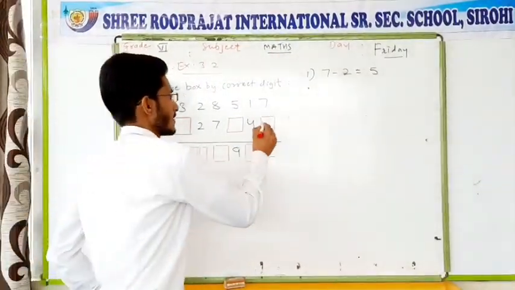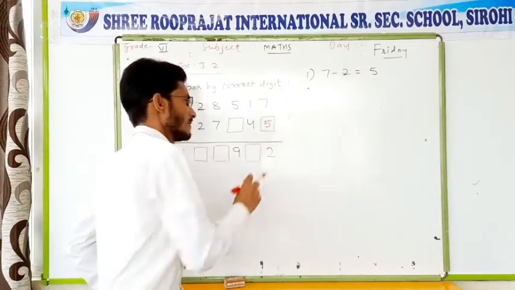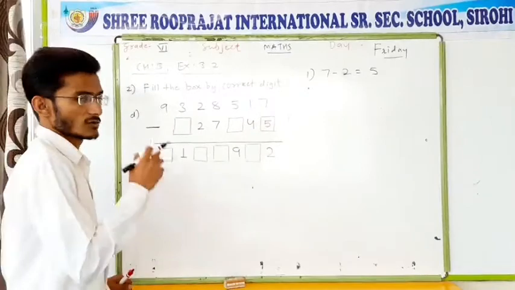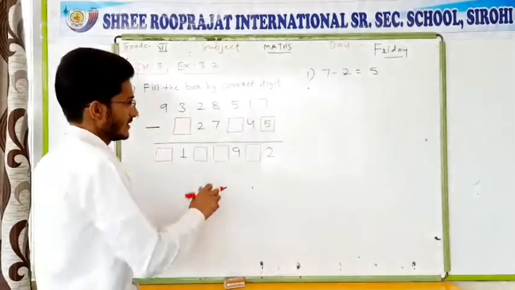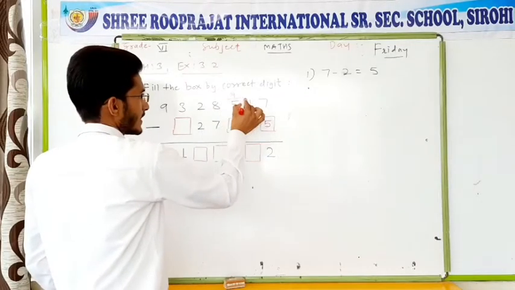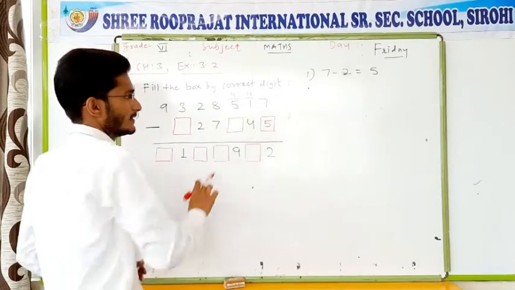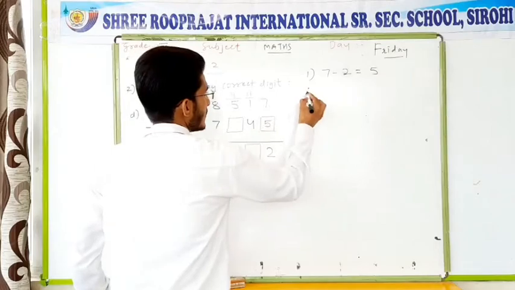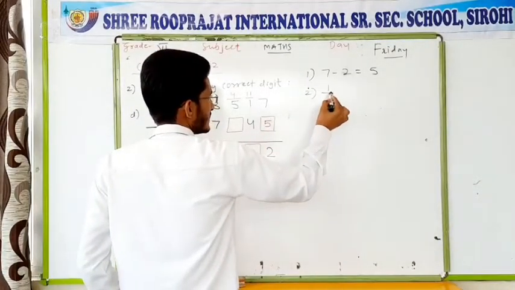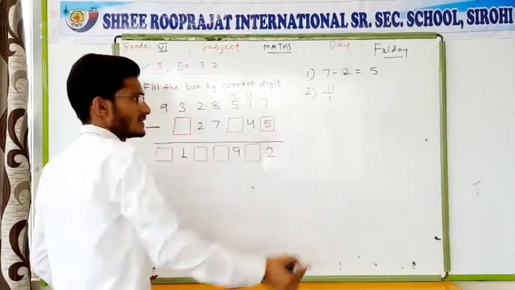Okay. Next one, 1 minus 4, you cannot subtract. In that case, you have to take a borrow. So it will become 4, and this will become 11. So if you want to write it like this, in place of 1, it is given 11.